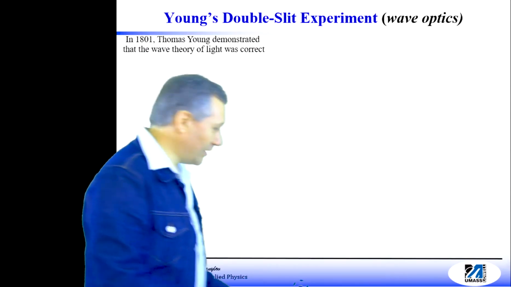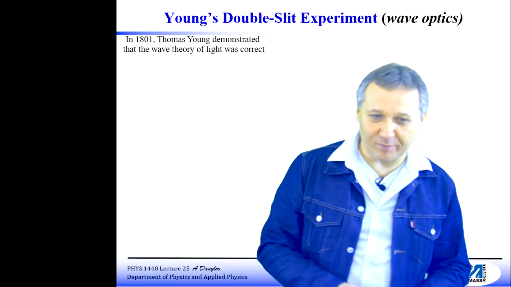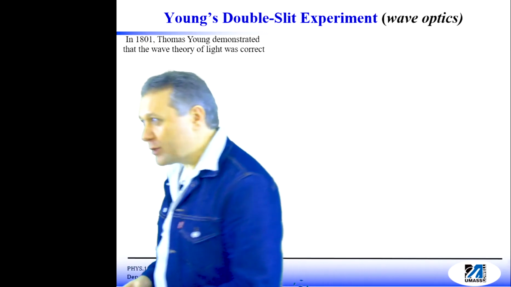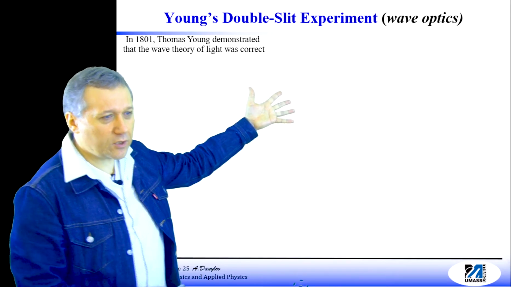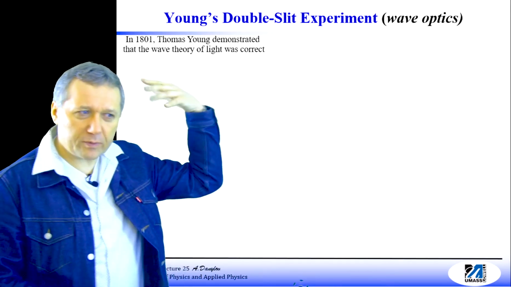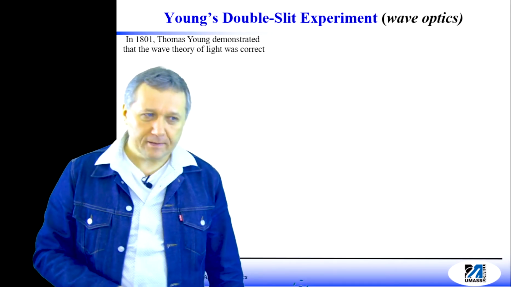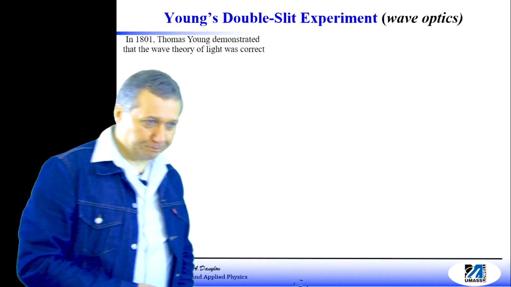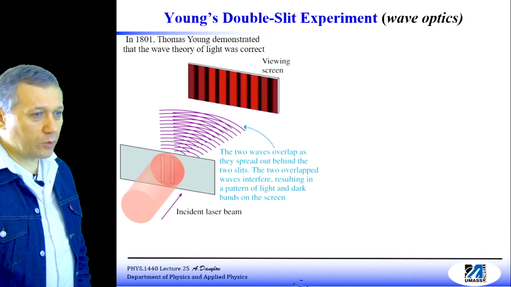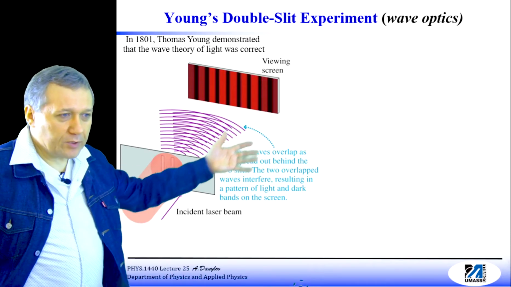Okay, so now to Young's experiment, the double slit experiment, which was done at the beginning of the 19th century, right? 1801. It's before the Napoleonic Wars, right? Long time ago. And so what did he do? I took this picture from the book.